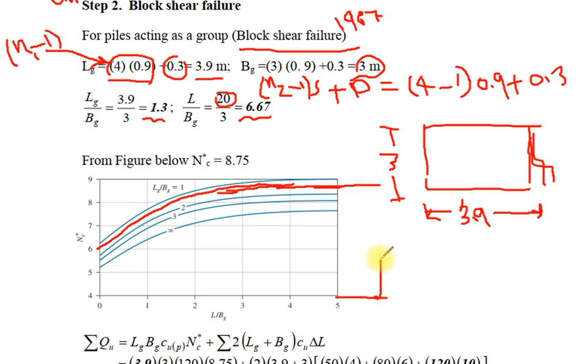Projecting the value 6.67 with this value, we get NC equal to 8.75.